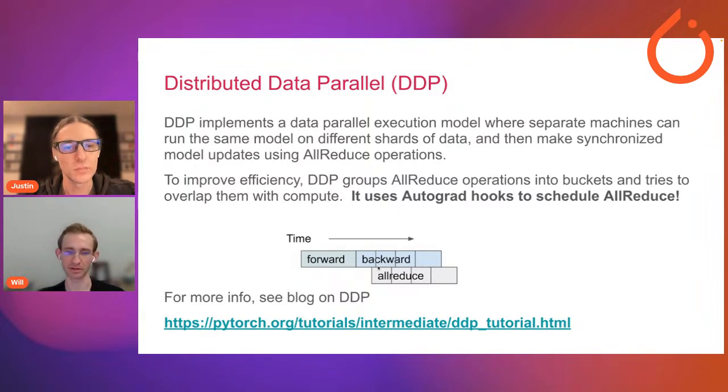So you can overlap the blue boxes and the gray boxes. And that's basically all DDP does. It's the overlap and also bucketing, so grouping together multiple small layers into one bigger chunk, so you don't send a lot of small messages. You can send a fewer number of bigger messages. So those two things are the main parts of DDP.